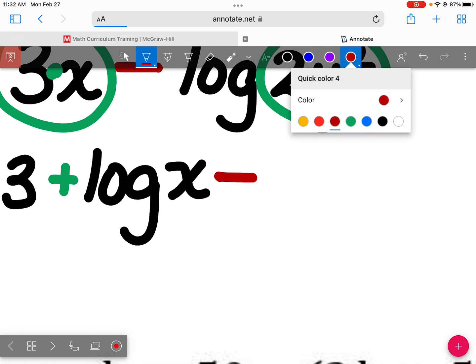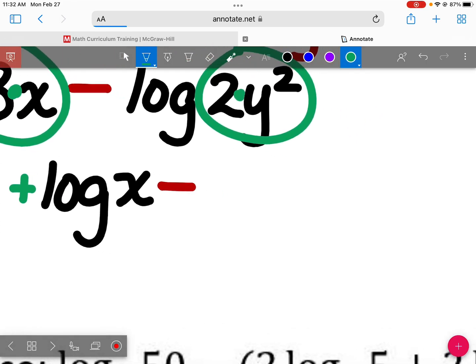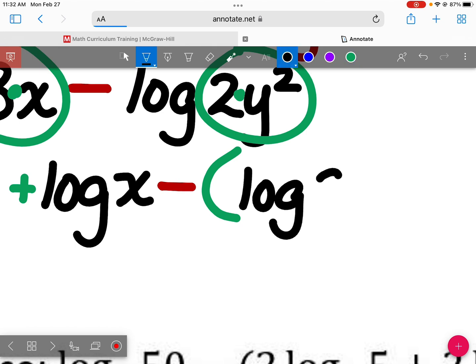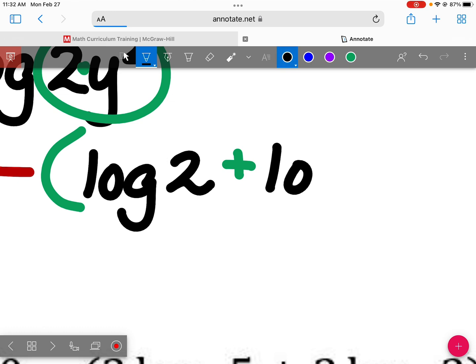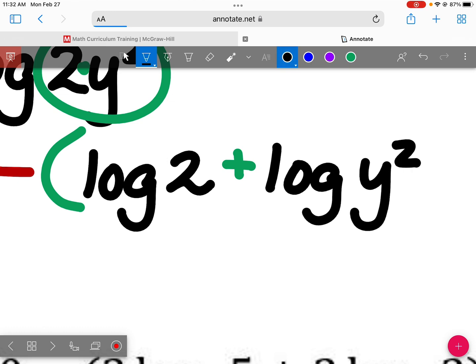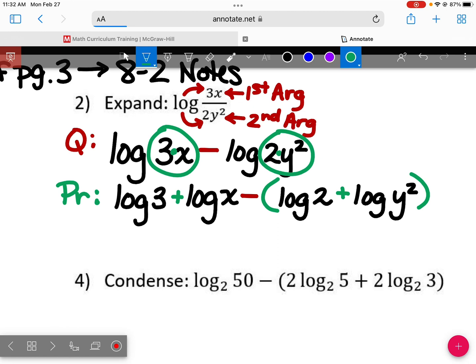What do I need since there's 2 pieces here? Parentheses. Parentheses, common log of 2 plus common log of y squared. Only when there's 2 pieces in my denominator do I need to do that. If there's 2 or more pieces, I need parentheses around it.